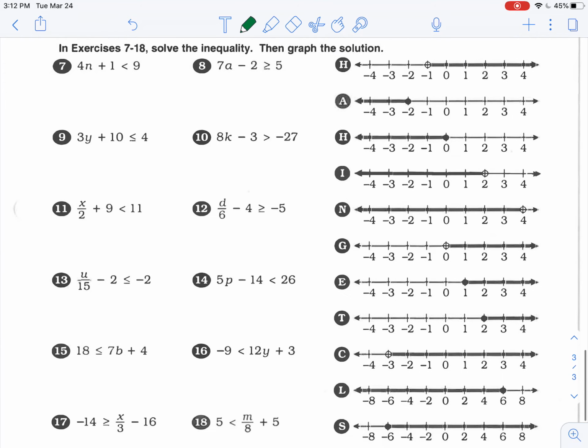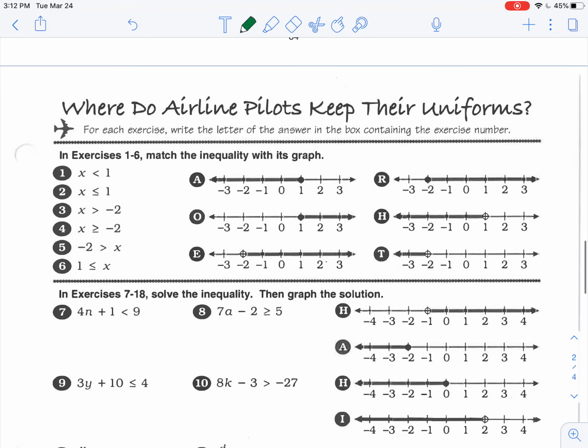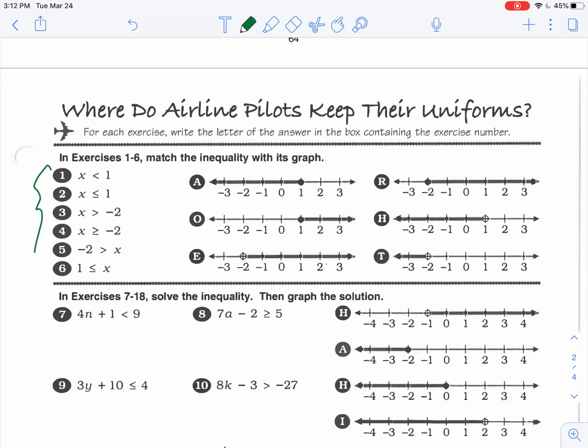Today we worked on these 4. Today after this lesson, the only thing you're going to do is page 65. You're going to do page 65, and then you're going to stop. In order to do page 65, numbers 1 through 6 just requires you to look at the inequality and match it up with the correct graph.